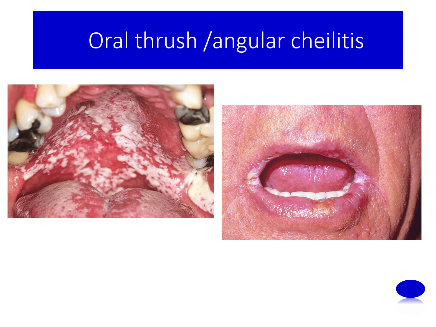So oral thrush and angular cheilitis, this is due to candida. You see this whitish pseudomembrane in the buccal mucosa. And if you scrape one of those whitish lesions and put it on a slide, you will see the mycelia, the yeast of candidiasis.